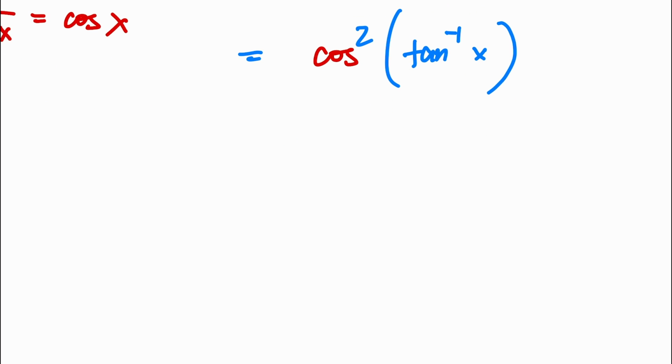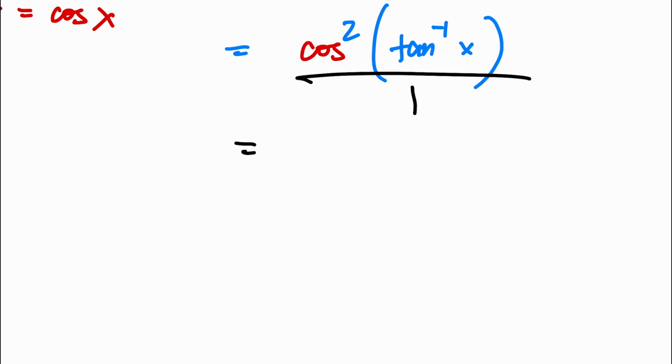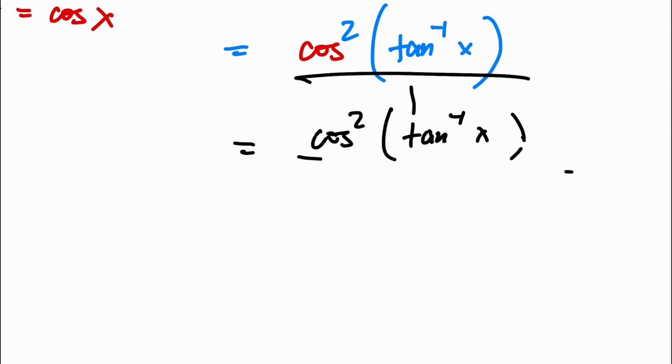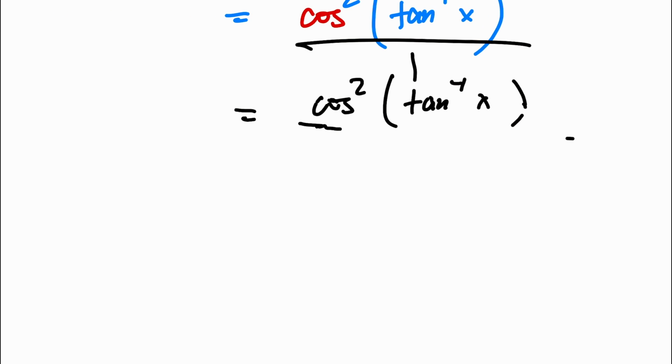But we are going to do something really smart here. We are actually going to add a denominator of 1. So just dividing this thing by 1, that wouldn't influence the result whatsoever, right? And we can do that. So cosine squared of tangent negative 1 of x in the numerator and 1 in the denominator. How can we rewrite 1 in a trigonometric form?